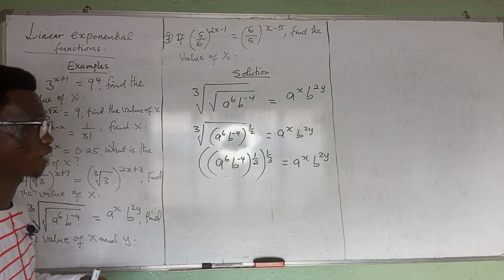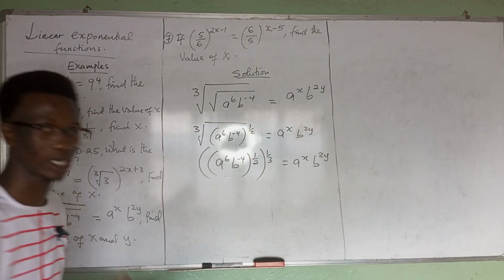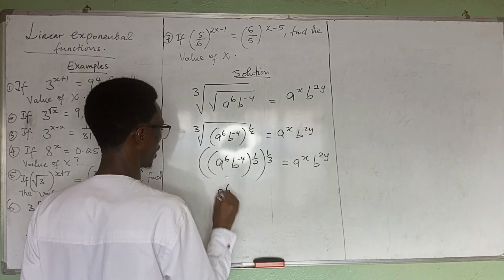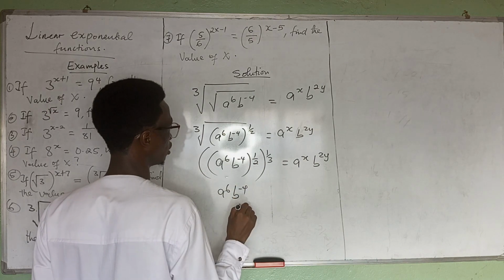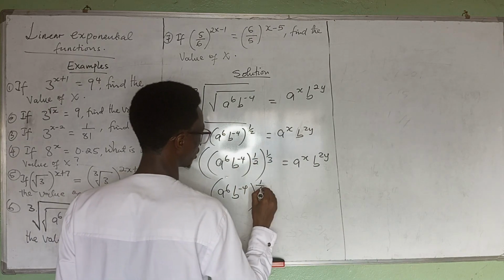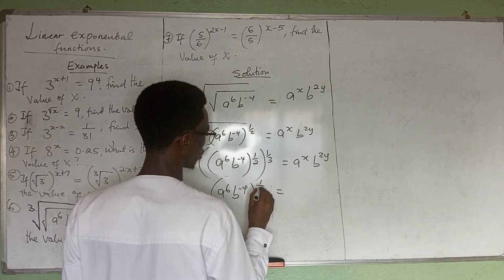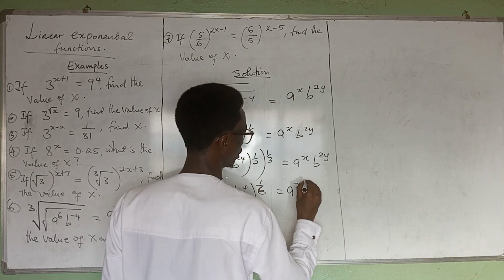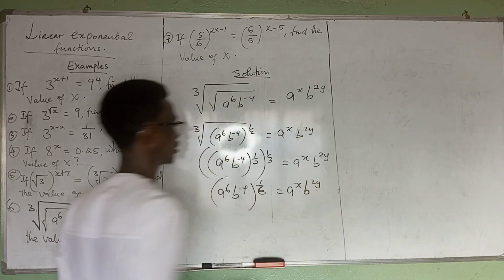Now, I've told you, when a power is raised to another power, you multiply them. So this becomes a to the power 6, b to the power minus 4, everything here, and this and this become 1 upon 6, which equals a to the power x, b to the power 2y.